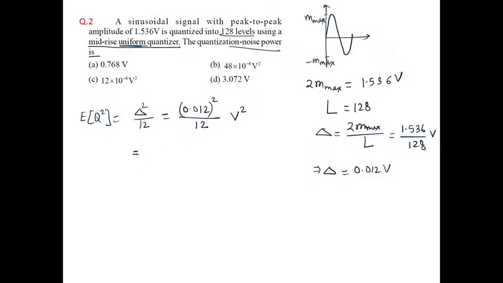Now, we don't need a calculator for solving this. We can write it like this: 12 square into 10 raised to power minus 6 upon 12 volt square. So 12 will get cancelled out. So this is simply equal to 12 into 10 raised to power minus 6 volt square. So option C is correct.